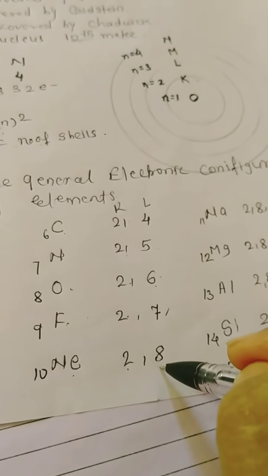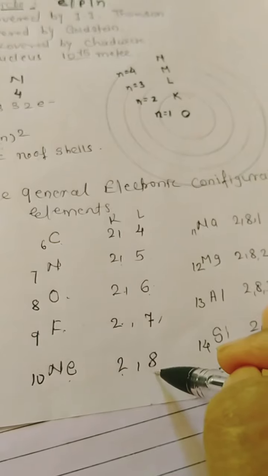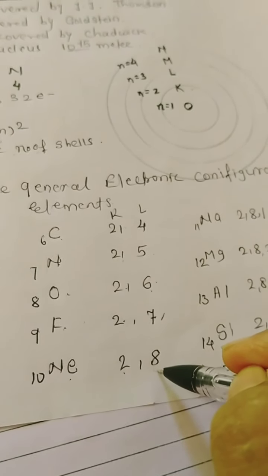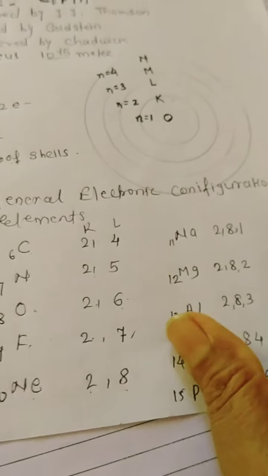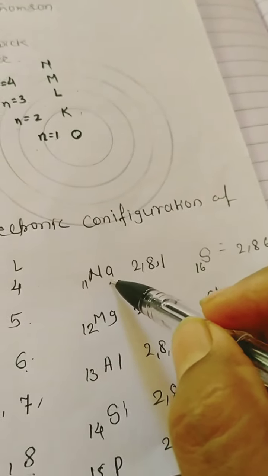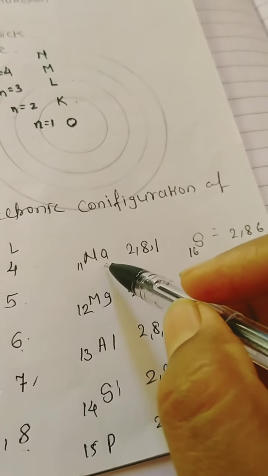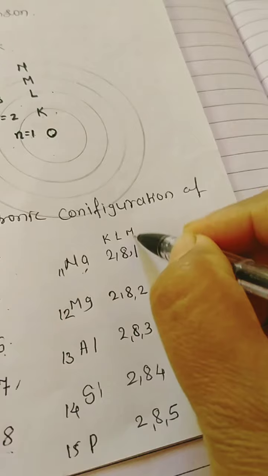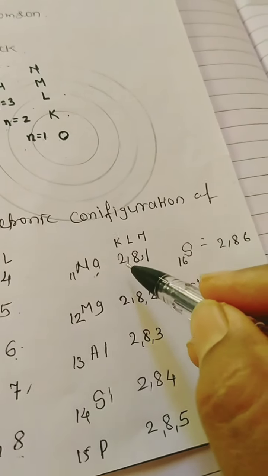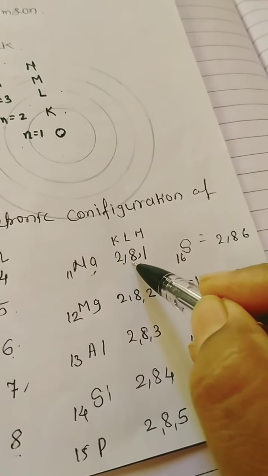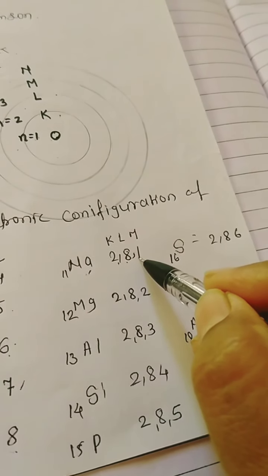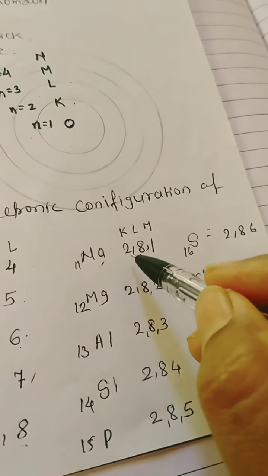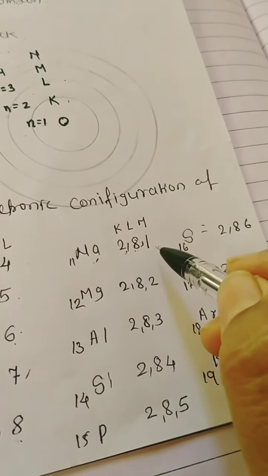Now the capacity of the L shell is completed because we know that in the second shell a maximum of 8 electrons can remain. Okay. Now if we consider the next element, that is sodium, atomic number of sodium is 11, so the electronic configuration will be K, L and M. See, 2 electrons enter into the first shell, then 8, and the remaining 1 electron enters into the next shell, that is M. So its electronic configuration is 2, 8, 1.